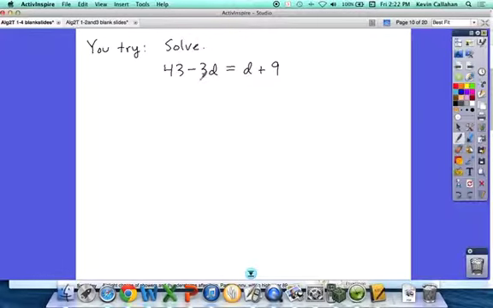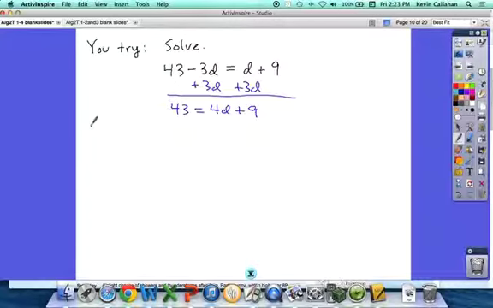So how do I cancel this -3d on the left? I add 3d, right, plus 3d on both sides. So 43 equals 4d plus 9. Right, then move the constants to the other side.